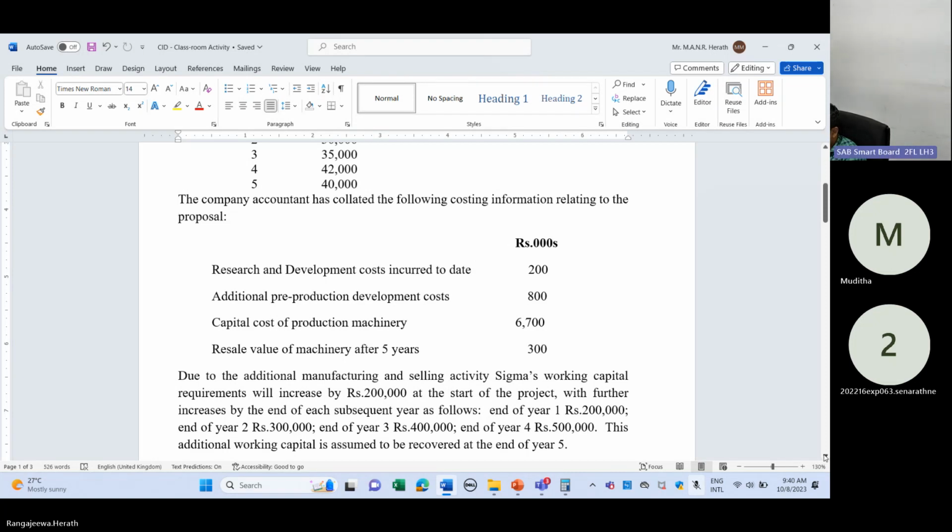Additional pre-product development costs: we have to incur these only if we go ahead with this project, so that will be an initial outflow. Capital cost of production machinery 6,700. Resale value of machinery after 5 years 300.